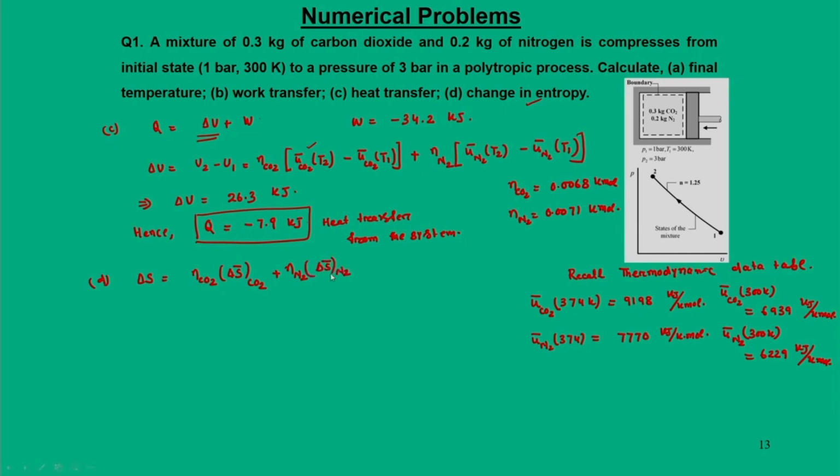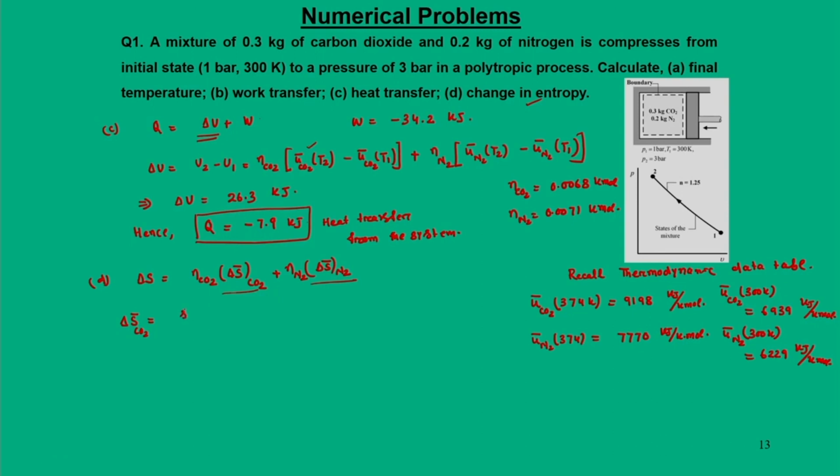The important thing you need to calculate here is delta S for CO2 and N2. This value has to be calculated with respect to the absolute entropy concept, for which the absolute values need to be calculated at the given temperature only.